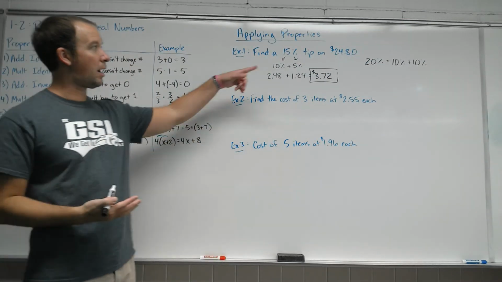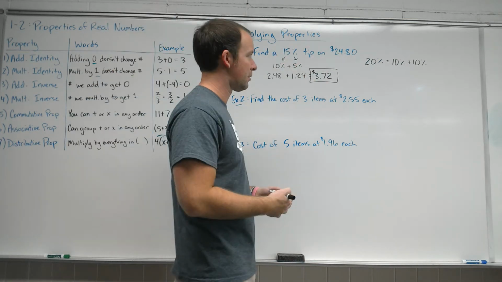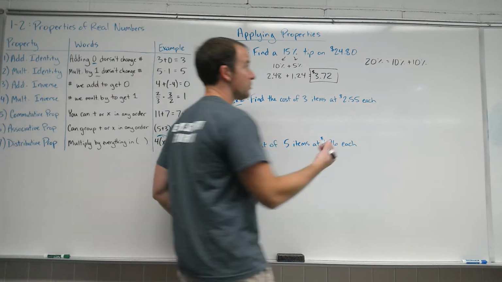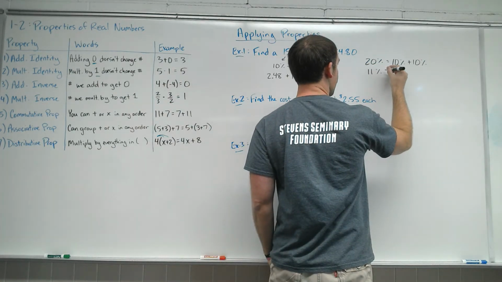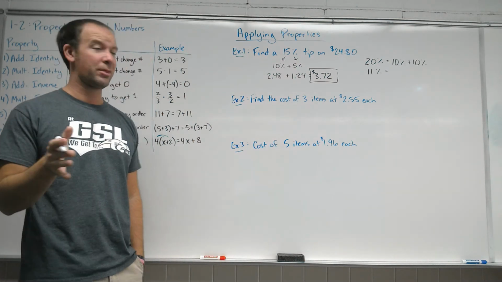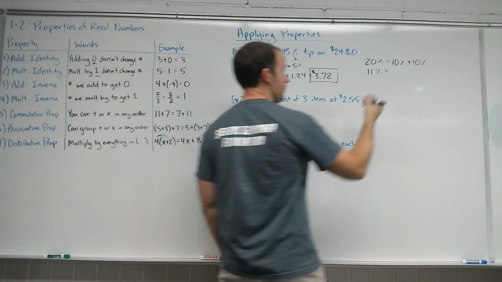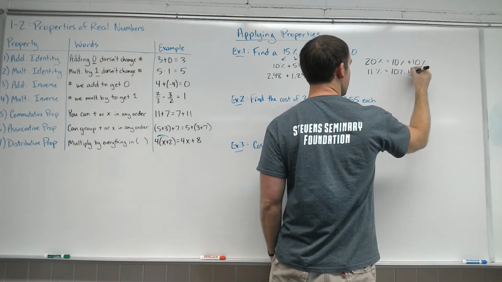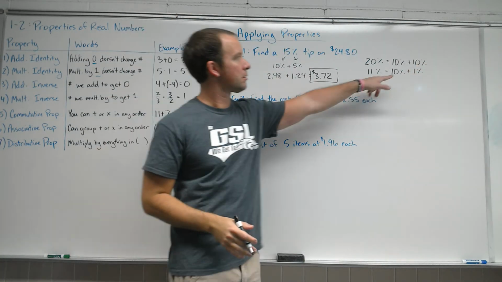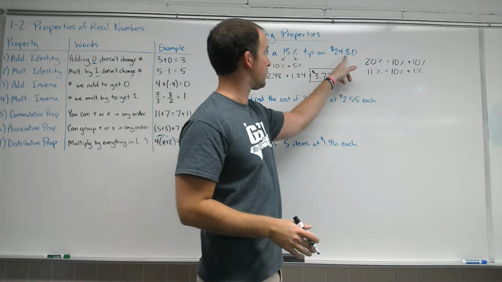Other common percentages: 15% is really common, 20%, you could do 30%, that'd be 3 tens, and so on. You could do something like 11%. Anybody who ever shops at Menards, especially at the moment, their 11% discount or rebate is running constantly. If you want to find 11% of something, 11 is just 10% plus 1%, both very easy to do. 10% moves the decimal one time, 1% moves the decimal twice.